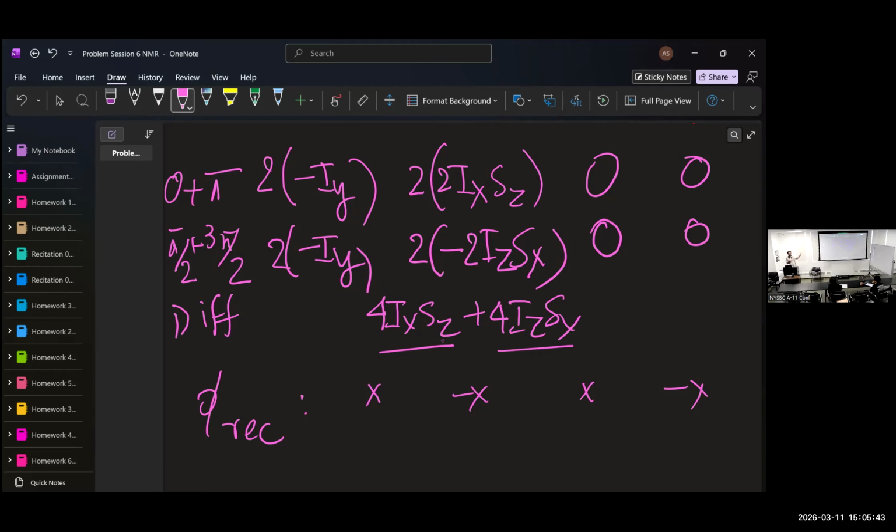We started with I, and so you evolve during T1, the indirect dimension, at omega I. If you evolve during T2 also at omega I, then you are a diagonal coherence. But if you evolve during T2 at omega S, you are a cross-peak coherence. So the first one, 4IXSZ, evolves during T2 at what frequency?